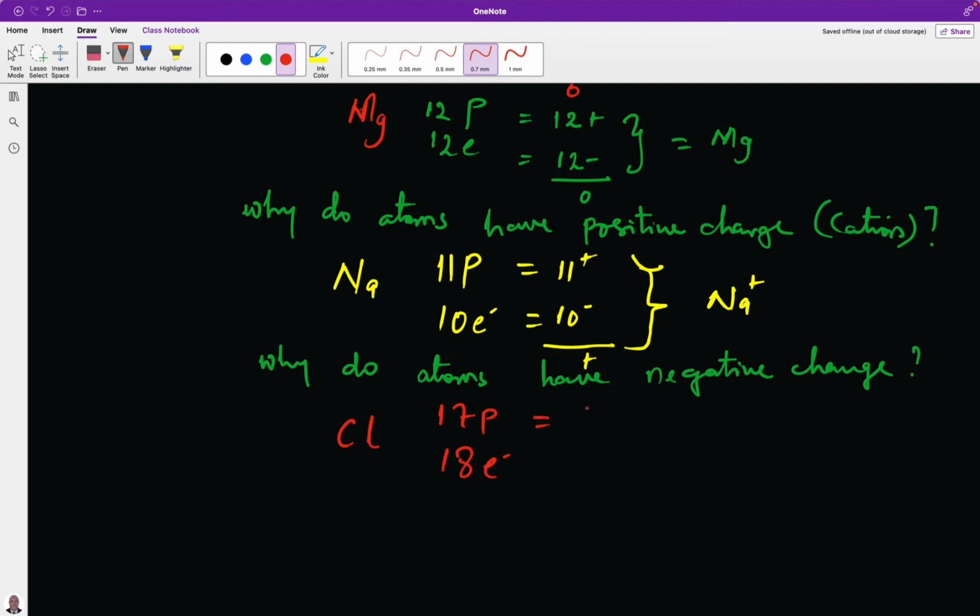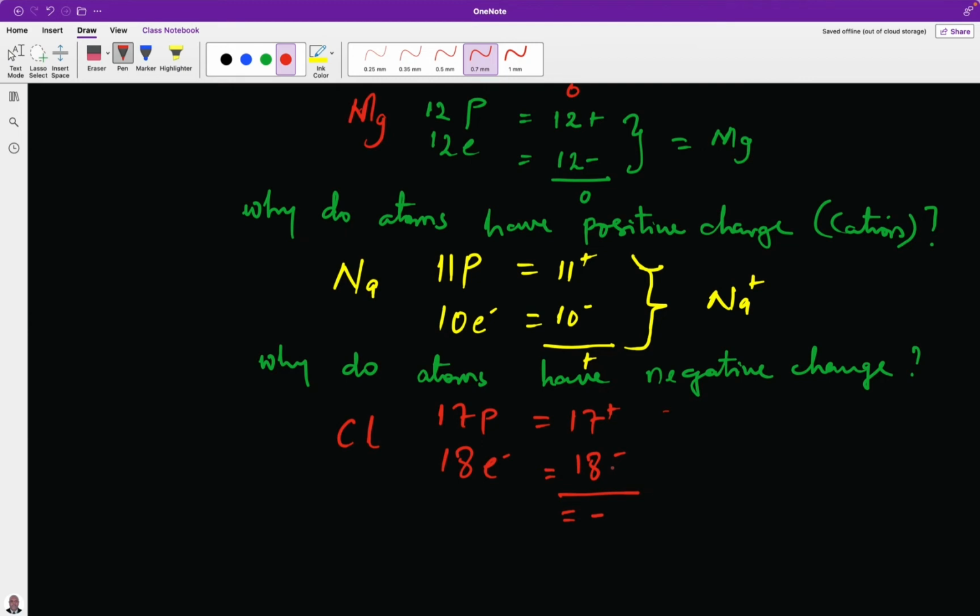This equals 17 positive charges, and this equals 18 negative charges. If we sum all this up, we will have a difference of a negative. The difference of a negative gives chlorine a negative charge.